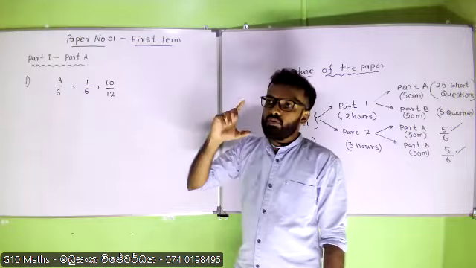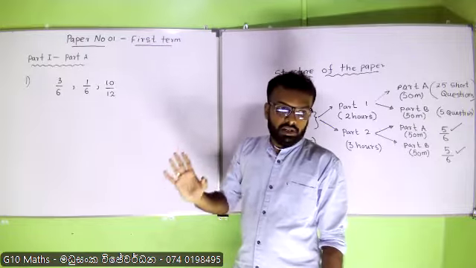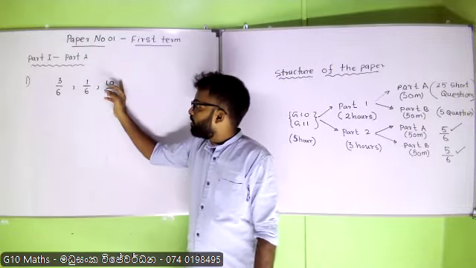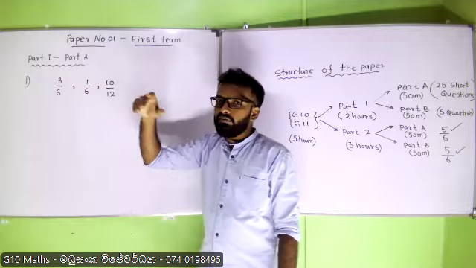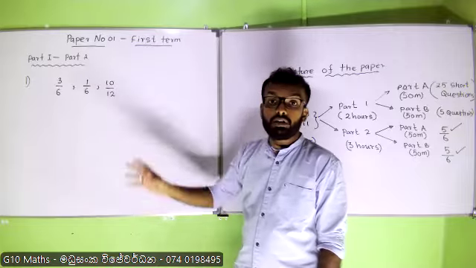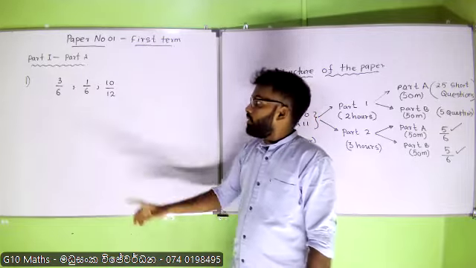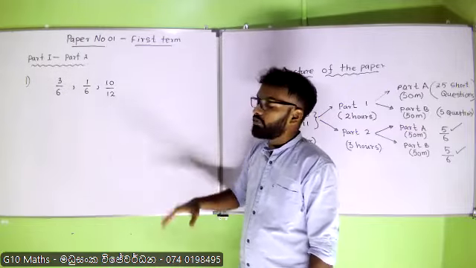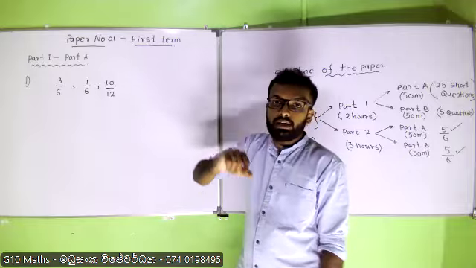If you are going to compare any of the fractions, in the numerator you have different numbers, and in the denominator as well you have different numbers, on both the numerator and the denominator.